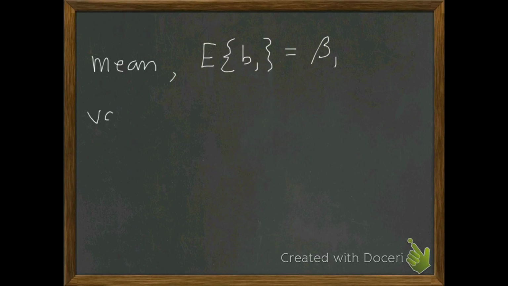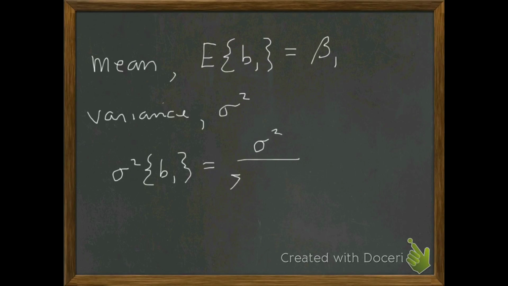And our variance of the normal distribution for B1 is going to be equal to this.